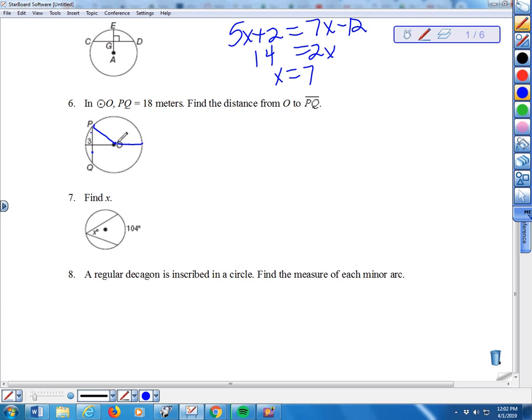What do you mean half of PQ? Like to get that other side. This side? No, the other side. The leg. Wait, what's number 3? 3 is this little piece right here. Okay.